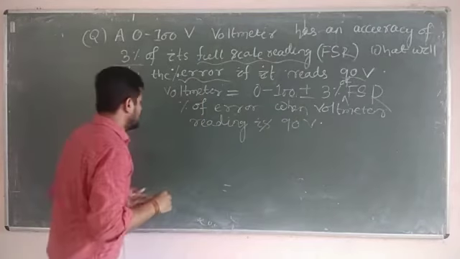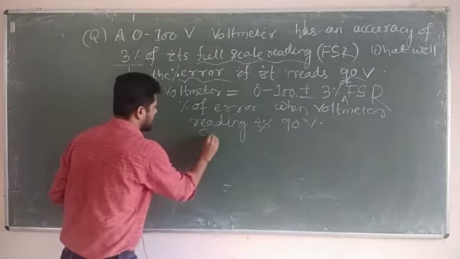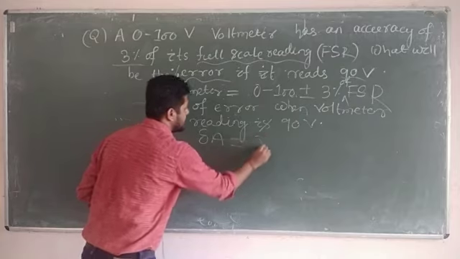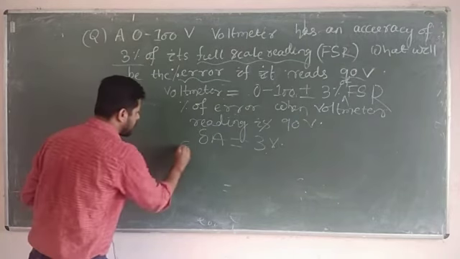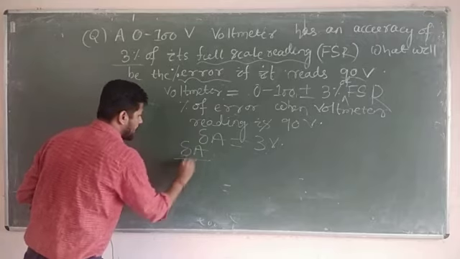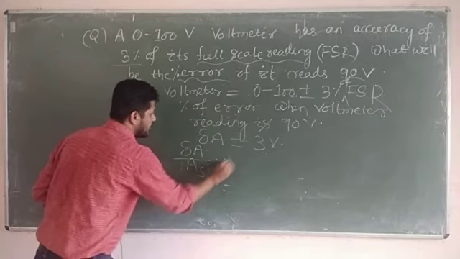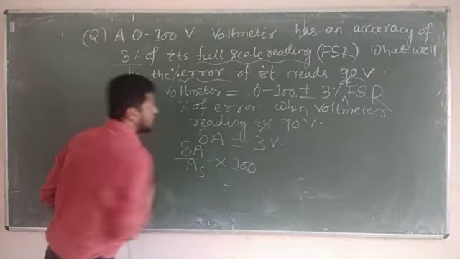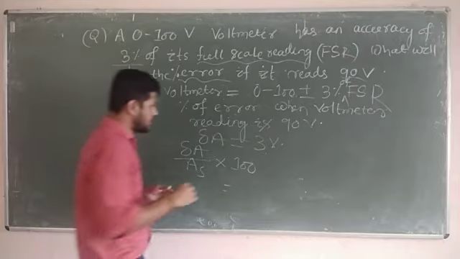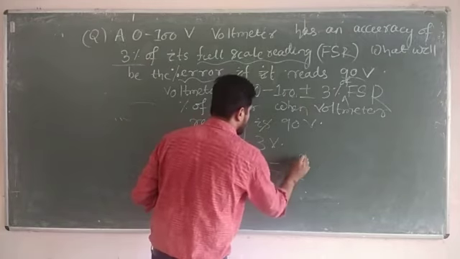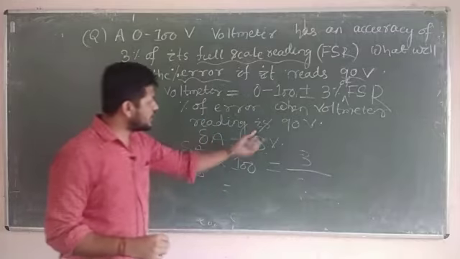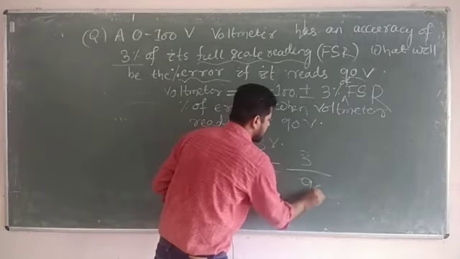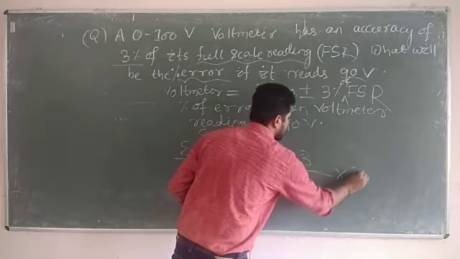You have the absolute error delta A as 3 volt. So how to calculate percentage of error? The percentage of error formula is delta A by AS into 100, which is equal to, here put the value of delta A, that is 3, and what is the reading? The reading is 90, into 100.